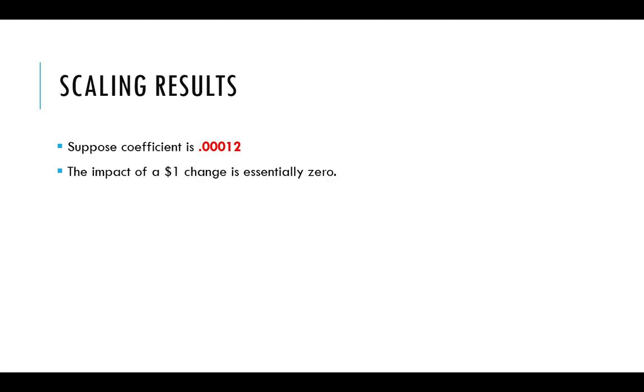So what do I mean by scaling? All right, let's suppose that we got back a coefficient of 0.00012 as being the impact of a $1 change on percent of women completing high school. Everyone agreed that's essentially 0, which makes sense, right? A $1 change is negligible. But a $1,000 change in GDP per capita, that's not so negligible.